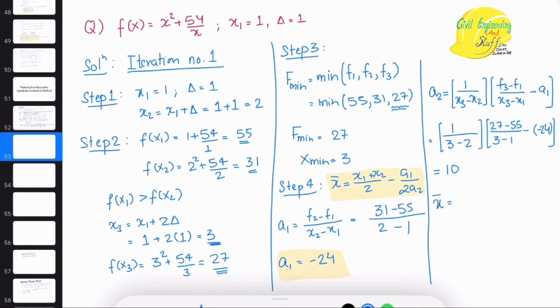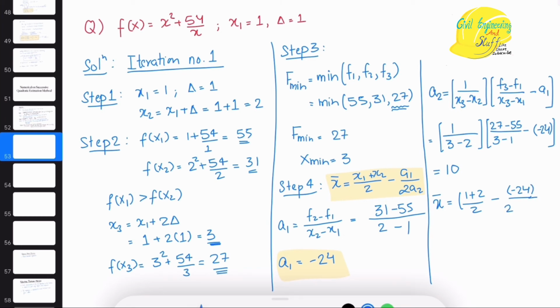x bar is equal to, I'll directly put the values, (1 plus 2) divided by 2 minus a1, which is minus 24. You have to be very attentive while placing these signs.